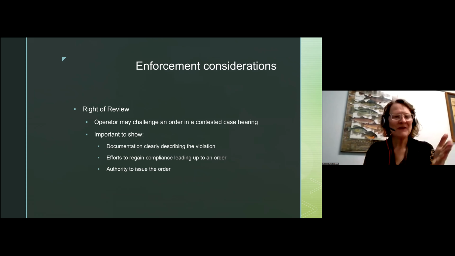So here's where it's going to be very important for you to document very clearly and describe what that violation is and point it back to your ordinance. And then demonstrate your efforts to regain that compliance that led up to that order. So this is where maybe now we can begin to get the need for a stepped enforcement process.